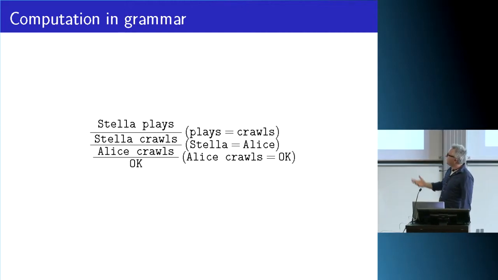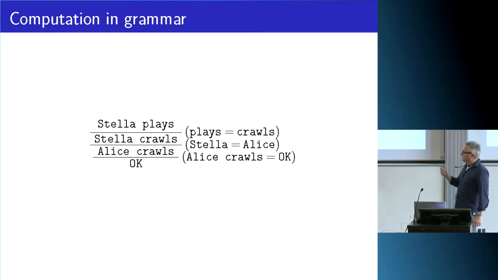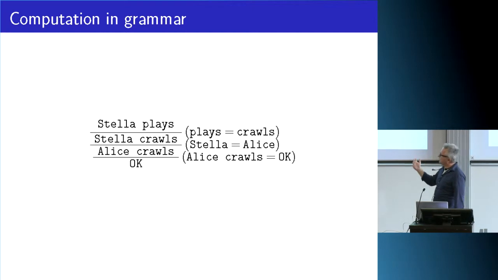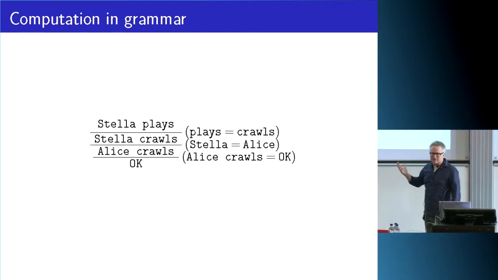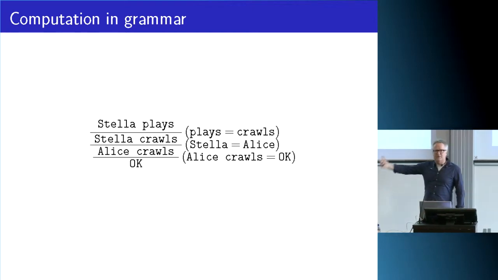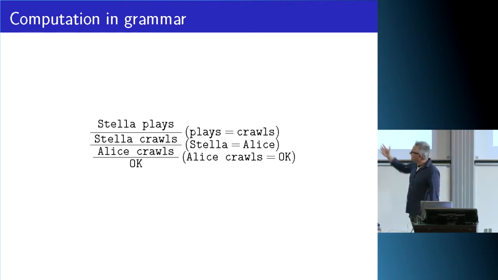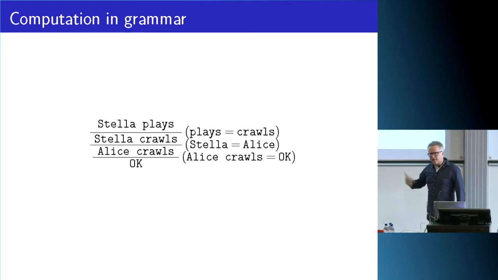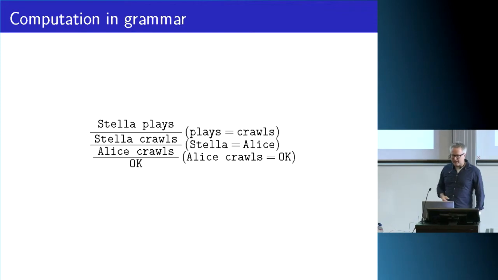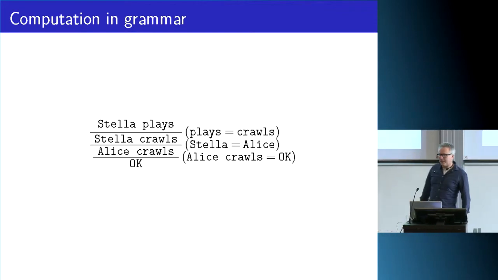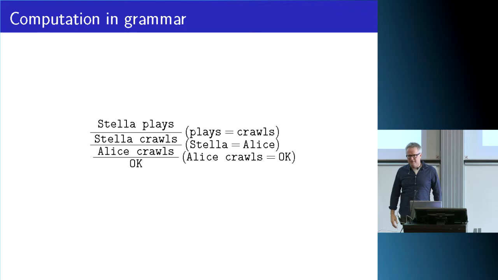And then she knows that, well, I can always replace plays by crawls. I know that's always all right. And I also know that I can always replace Stella by Alice. So I'm going to preserve grammatical correctness. And then I get Alice crawls. But I know that Alice crawls is actually a correct sentence. So then I conclude that Stella plays is also a correct sentence.